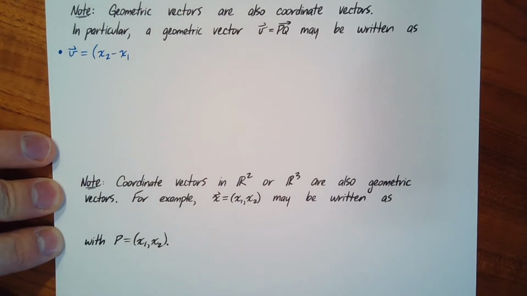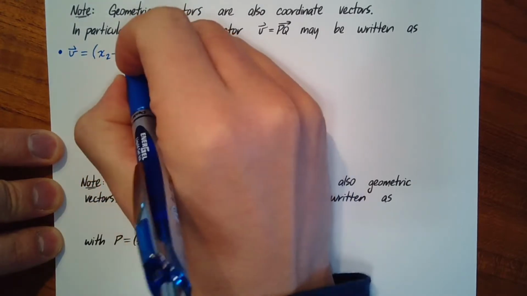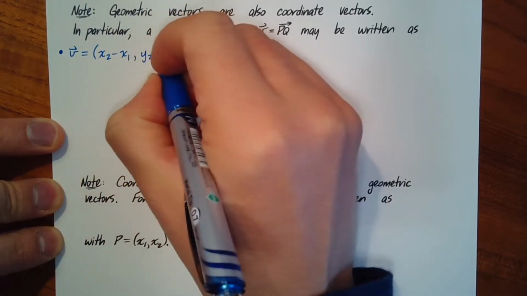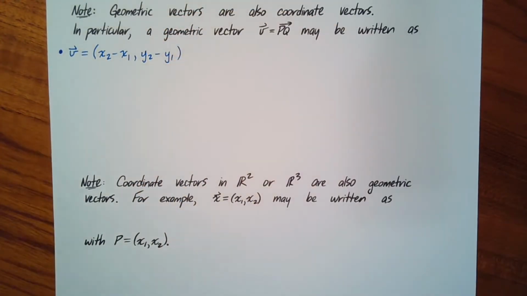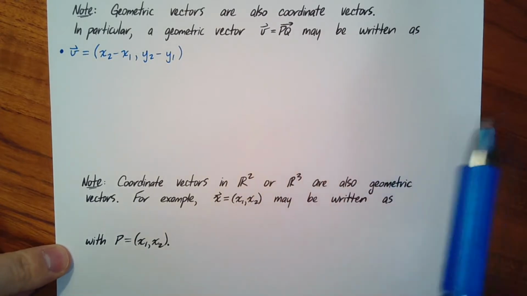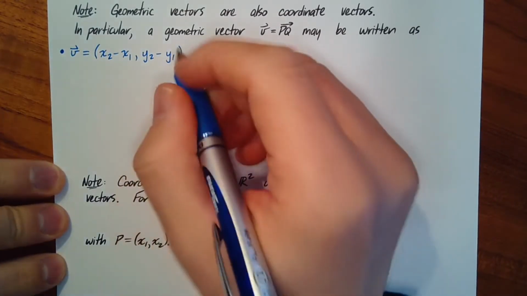Now, what are x1 and x2? I'll tell you by the time we finish this sentence. The second coordinate of v is going to be y2 minus y1. So this is how you can write the vector v as a coordinate vector if P and Q are both points in R2 given with the following coordinates.